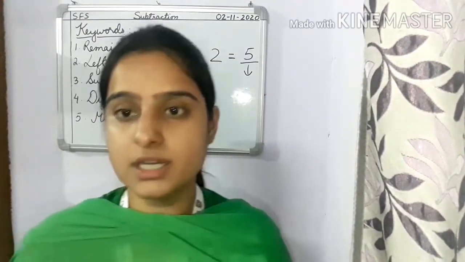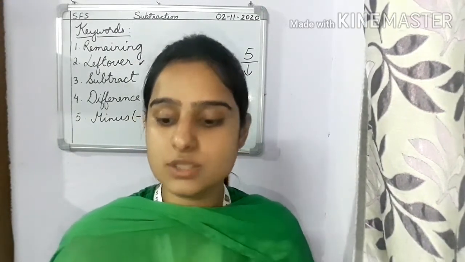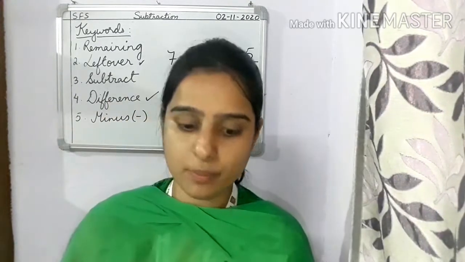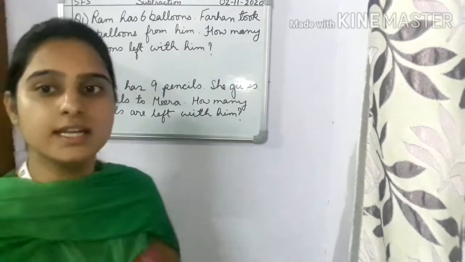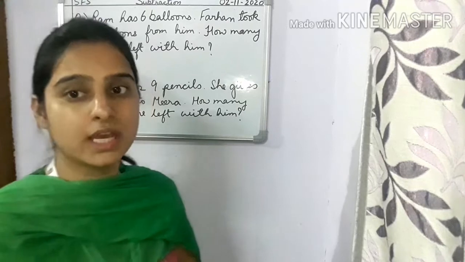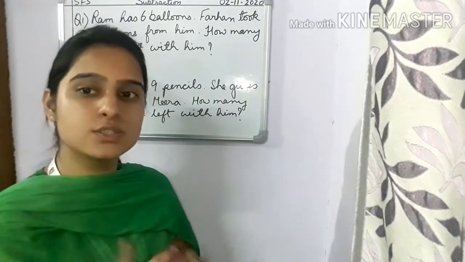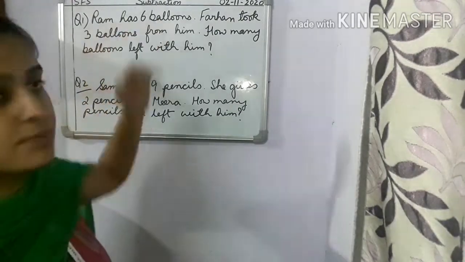So before concluding the class, children, I'll ask you few questions related to today's topic. So children, here are 2 questions related to subtraction which we have studied today, try to solve this and take out the answer. The first question is, Ram has 6 balloons.